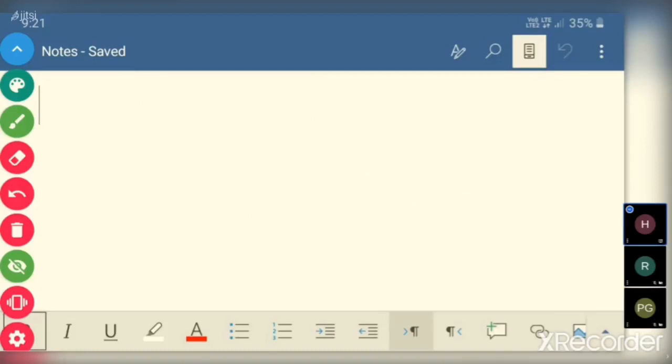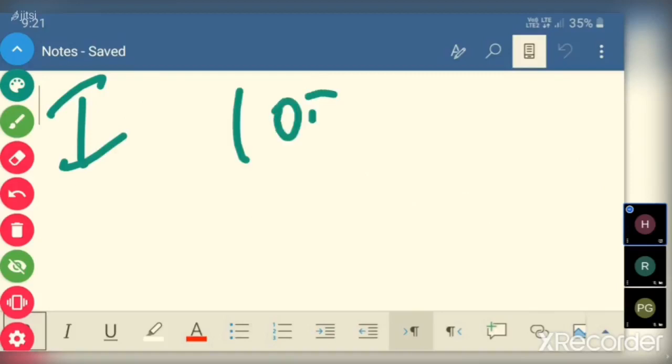Initial sale. That example we have discussed in GST session 1. Initial sale, 100 rupees is the sale price by the initial seller.